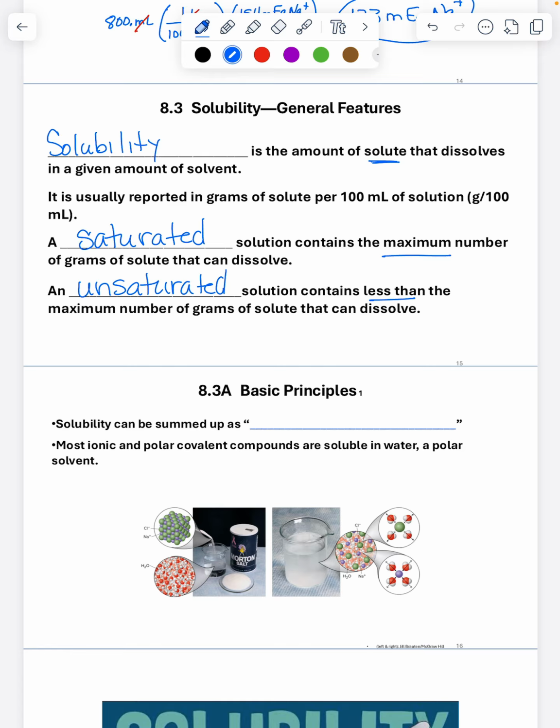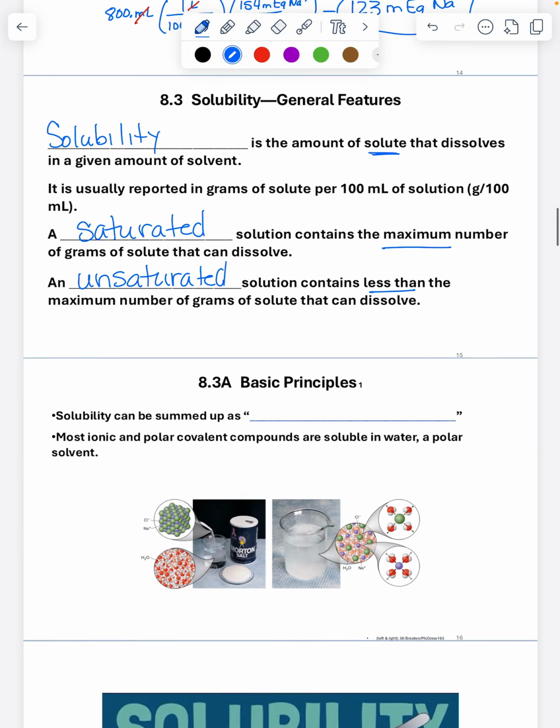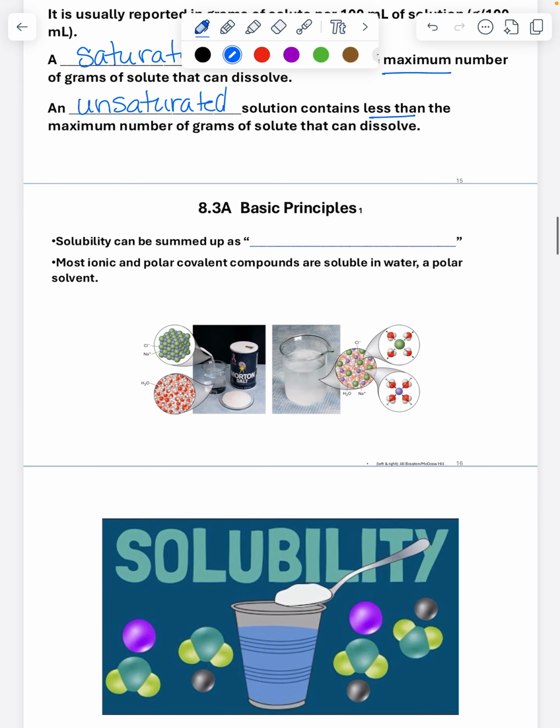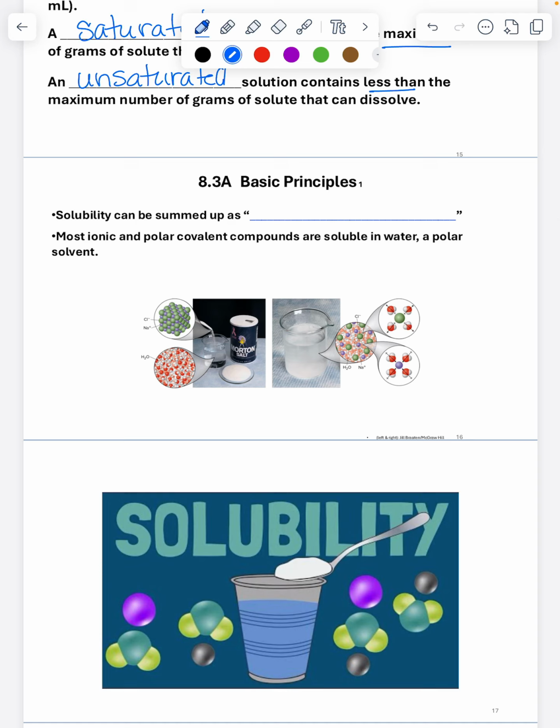Solubility can be summed up as like dissolves like. So let's talk about what that means. Most ionic and polar compounds, polar covalent compounds, are soluble in water, and that's because most of those are polar, and water is polar.